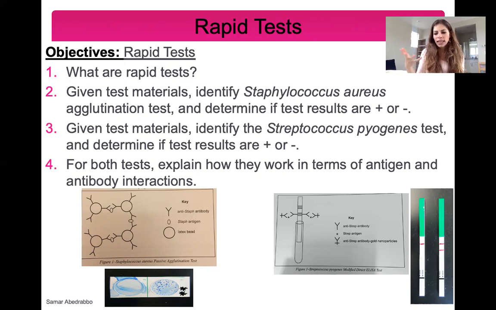When the antibodies bind their antigen in the passive agglutination test, you get agglutination, which is clumping. For the direct ELISA test, you get 2 bands indicative of a Streptococcus infection. I know some of you do work in clinical settings, and my students have told me that this Streptococcus test is commonly used in hospital settings. I hope you understand this, and if you have any questions about it because you're not really doing it, feel free to let me know.